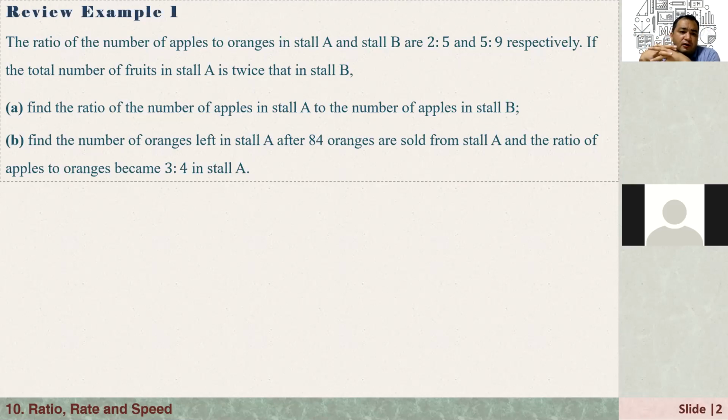If the total number of fruits in stall A is twice that in stall B. Question A: find the ratio of the number of apples in stall A to the number of apples in stall B. And B: find the number of oranges left in stall A after 84 oranges are sold from stall A and the ratio of the apples to oranges became 3 to 4 in stall A. Even I didn't understand much.